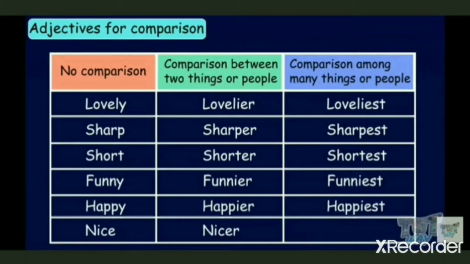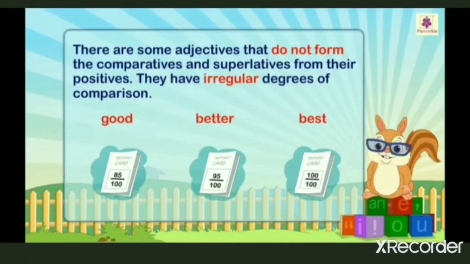Now we will see some irregular adjectives. Here, children, you see there are some adjectives that do not form the comparative and superlative from their positives. They have irregular degrees of comparison. These irregular adjectives do not follow the same pattern as regular adjectives.